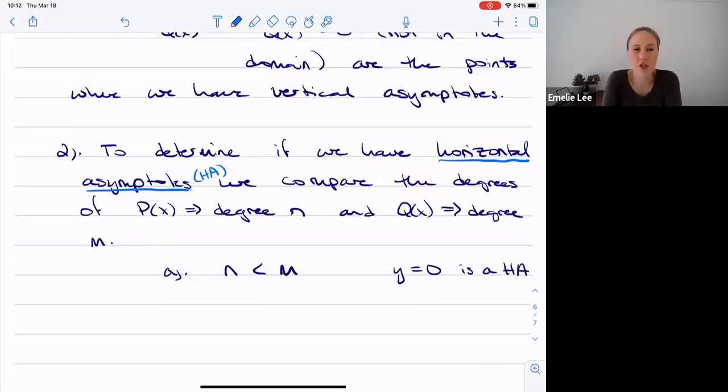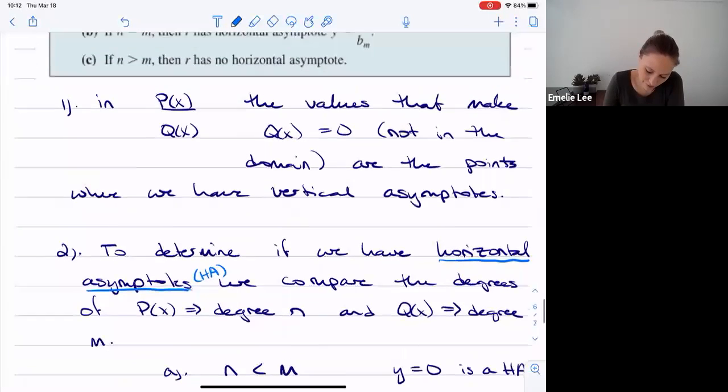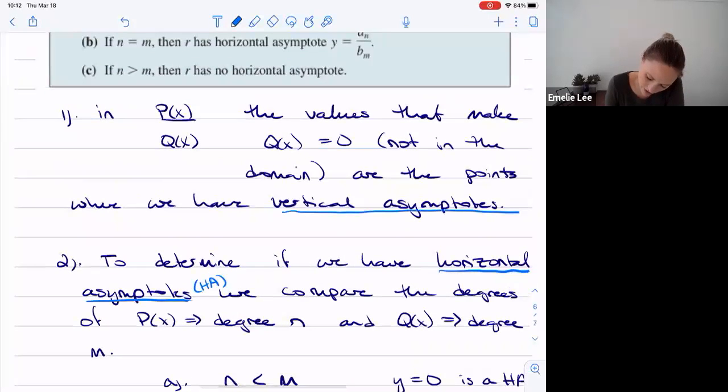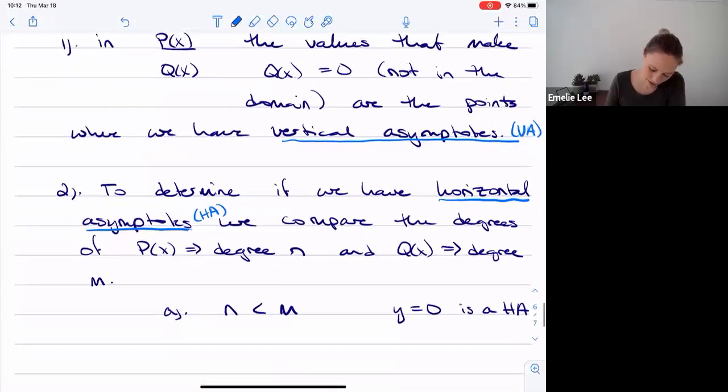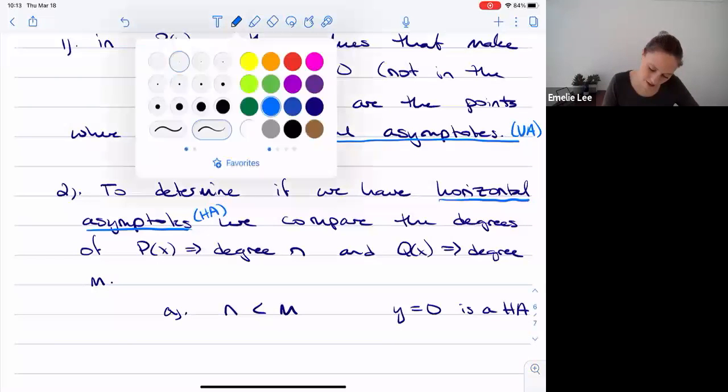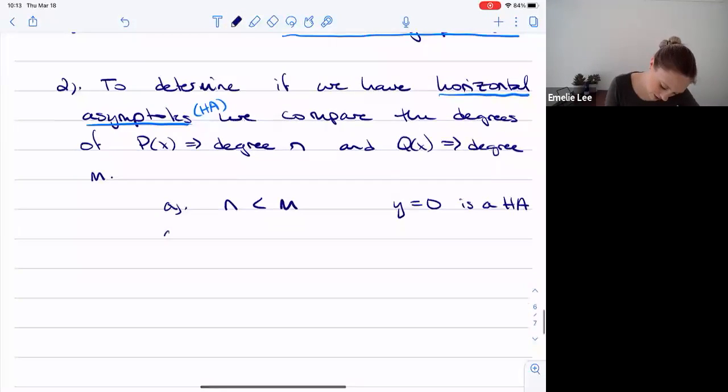Usually we write HA and VA for vertical asymptotes, to save us some writing. So you compare these degrees, and if the degree in the numerator is less than the degree in the denominator, you have a horizontal asymptote at y equals 0. If that's not the case, then you move on to the next option.